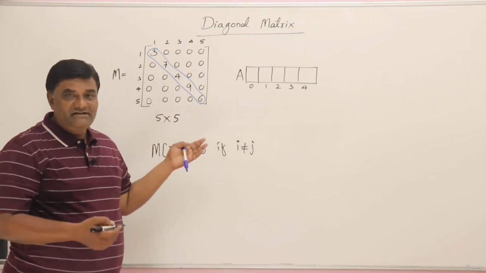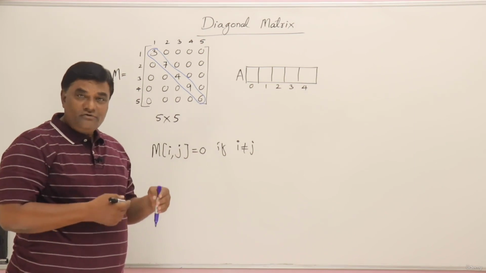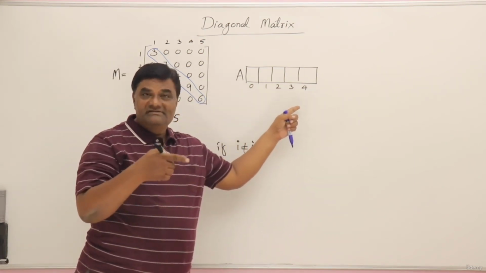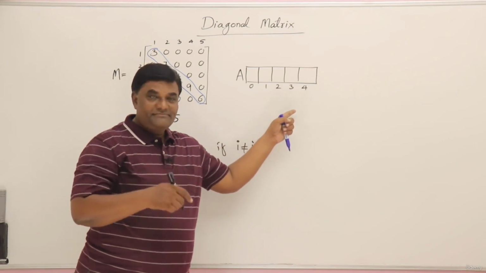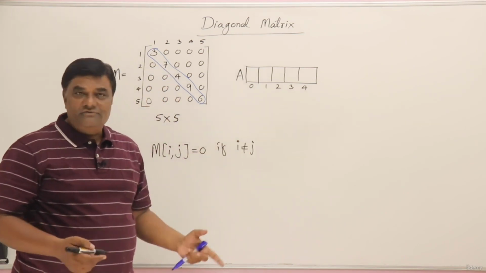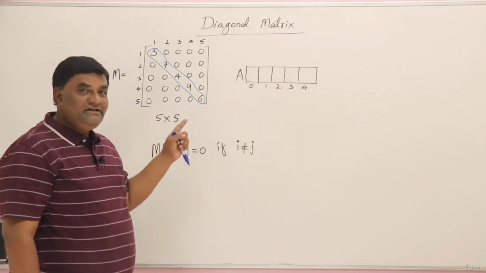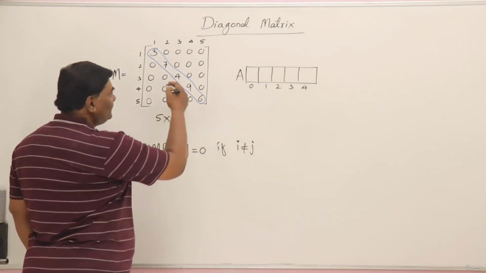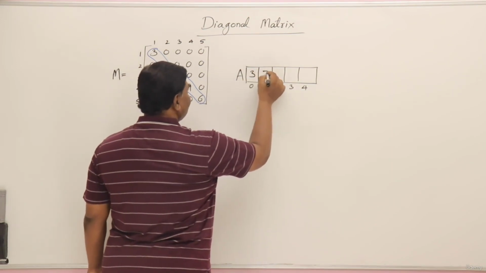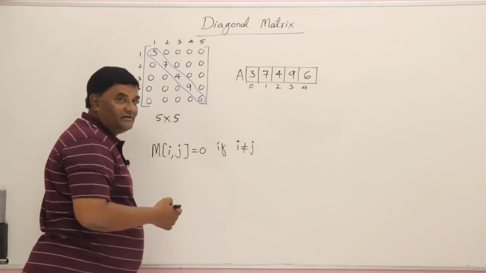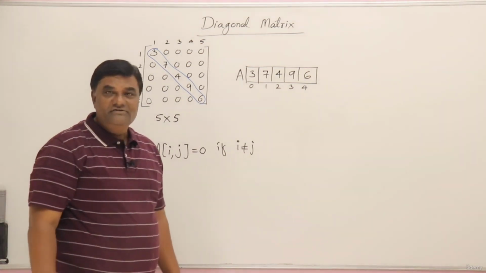If you want, you can change the indices to start from 0 also. In programming, in C or C++, the array starts from 0. So I have taken an array from 0. Now I want to store only non-zero elements. So let us store those elements: 3, 7, 4, 9 and 6. So I have stored only non-zero elements.